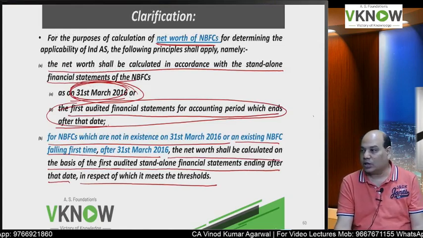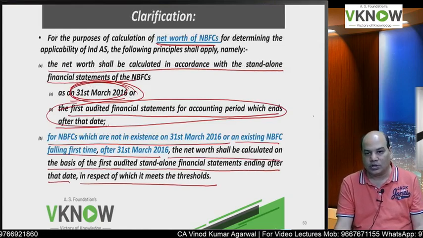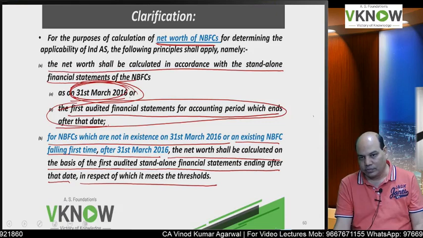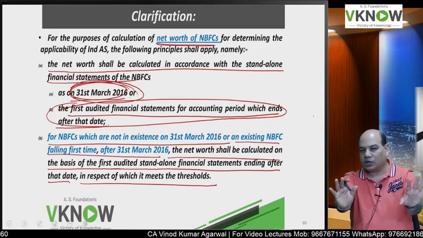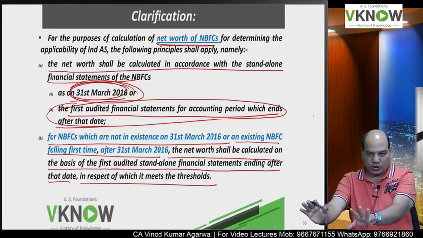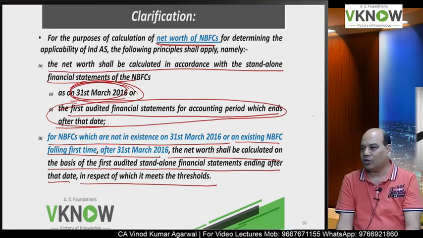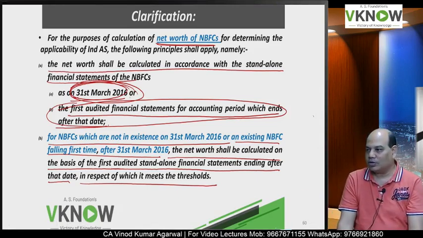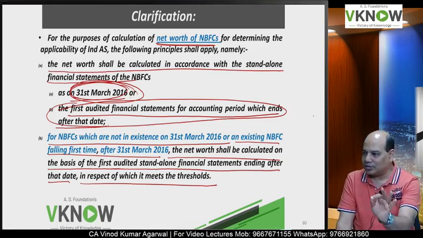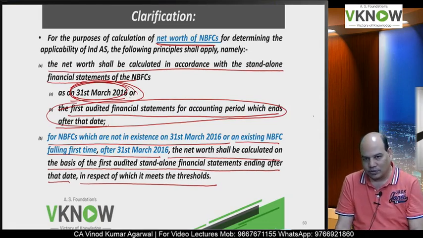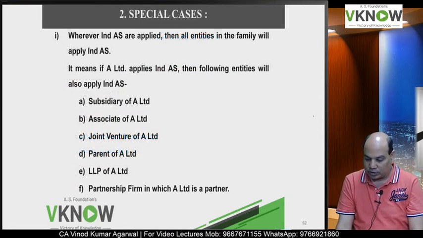For other than NBFC the net worth date was 31st March 14. If it doesn't fulfill on 31st March 14 or 31st March 16, then any next audited financial statement on which it meets the requirement, we are going to take that. Is it right? For applicability.